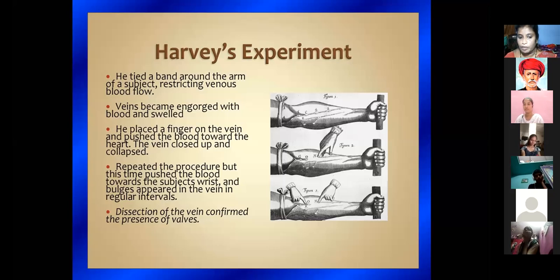What did Harvey show? Harvey worked on how, when any inner valve of the heart closes, among the 4 valves, the blood is not pumped through all parts of the body. Already we know the 4 valves pump blood in only a single direction, one-way. But if any one valve is closed, then the blood is not pumped through all parts of the body.